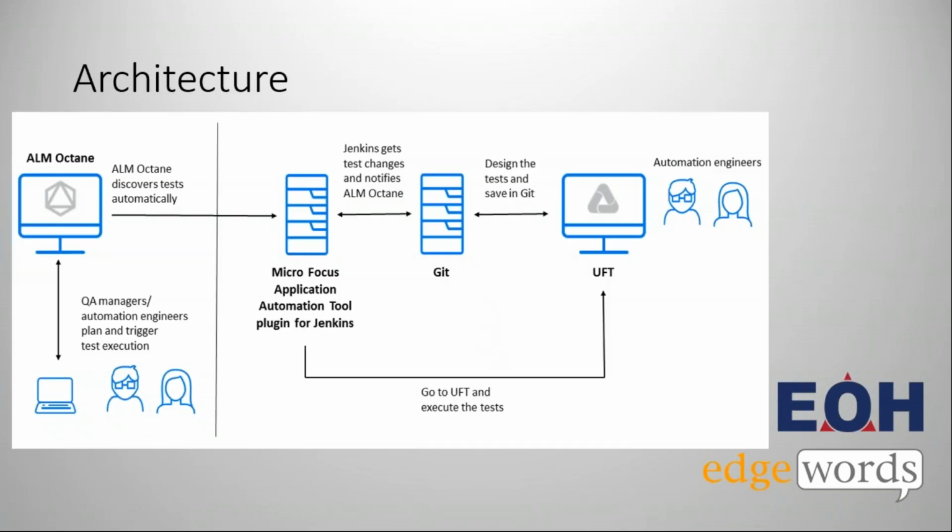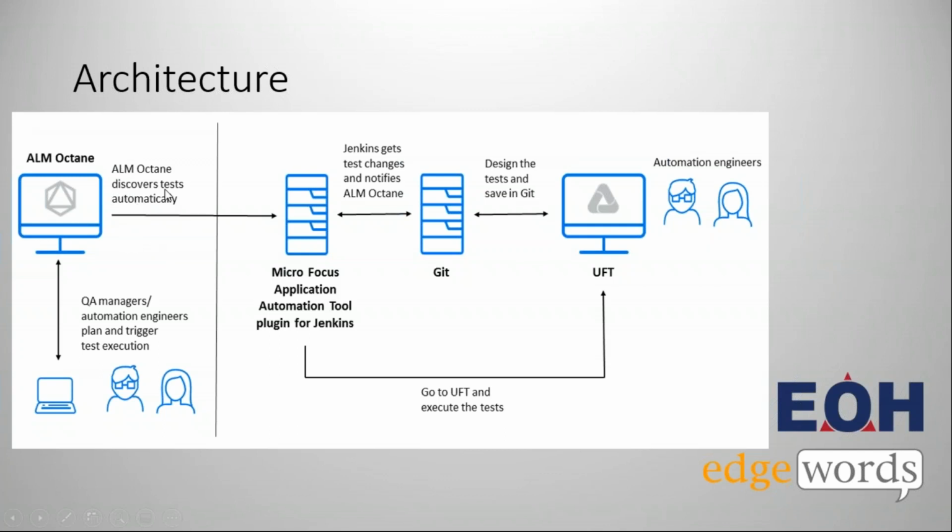Okay, so this is just a quick introduction to the architecture that we're looking at, this continuous integration process. As I say, we're going to be looking at a small part of this today, or the first part, but this gives you an idea of the overall architecture. All of this is going to be revolving around ALM Octane, which is our development management tool, and we are going to look at how we can use Octane to store our automated UFT tests and to execute them.